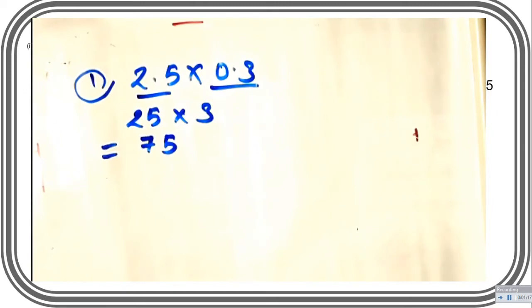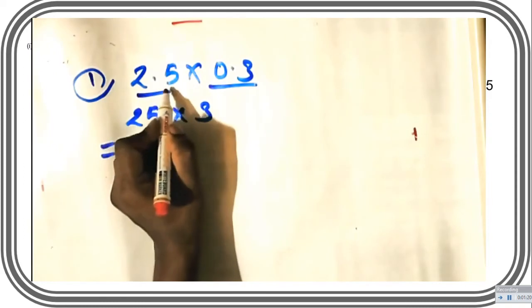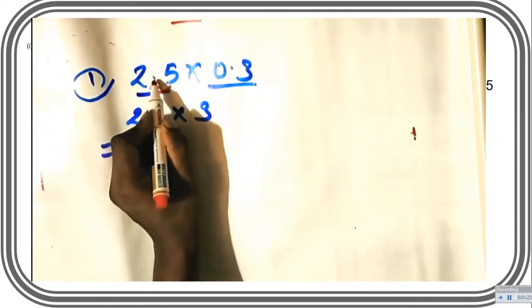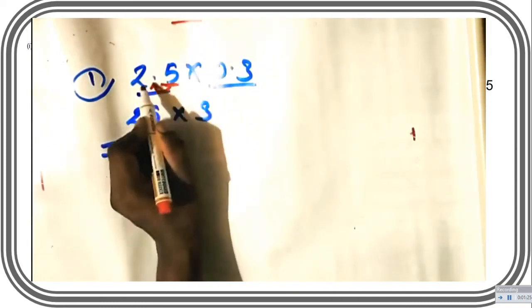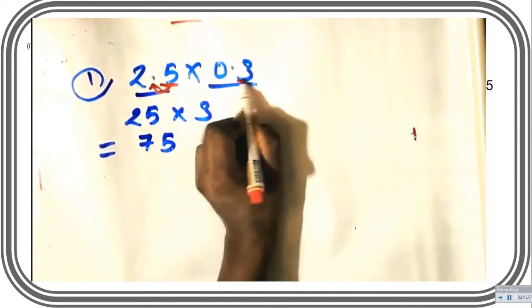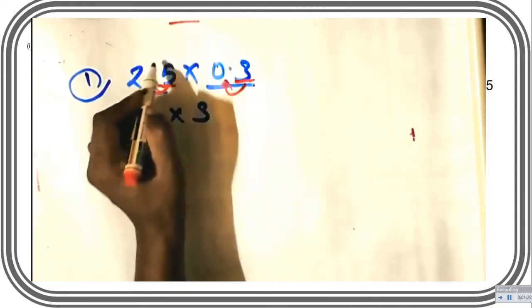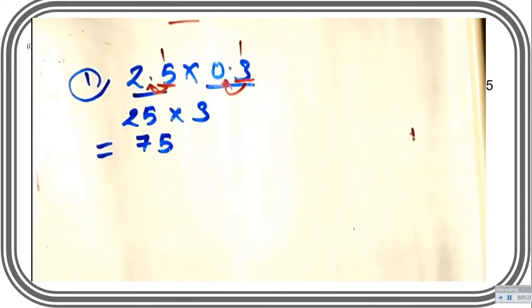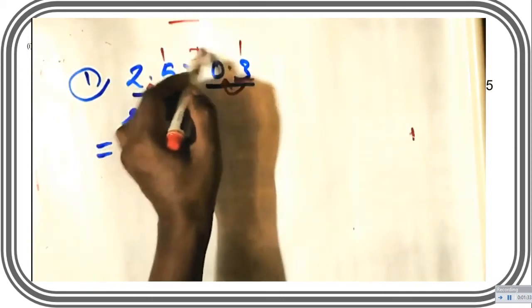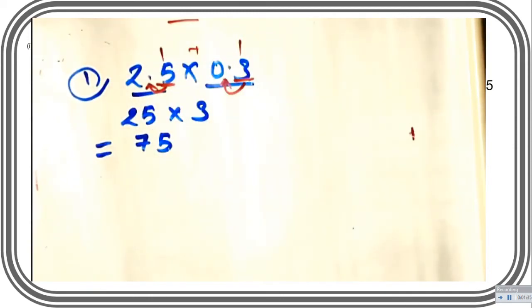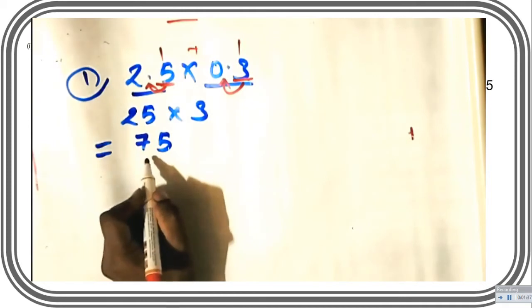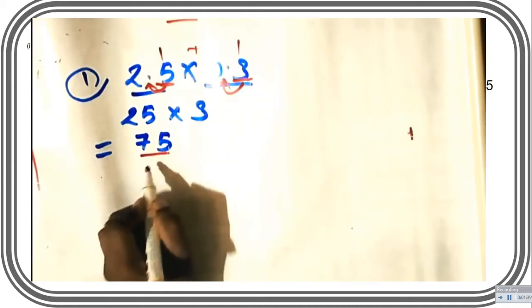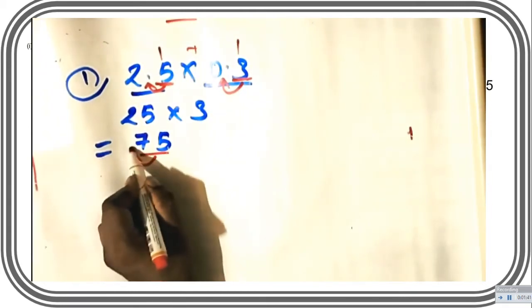Now it's time to put the decimal point. We see that after this there is one number, and here also there is one number. Now what we need to do? Add these two numbers. We get 1 plus 1 is 2. So after two numbers we will insert the decimal point.